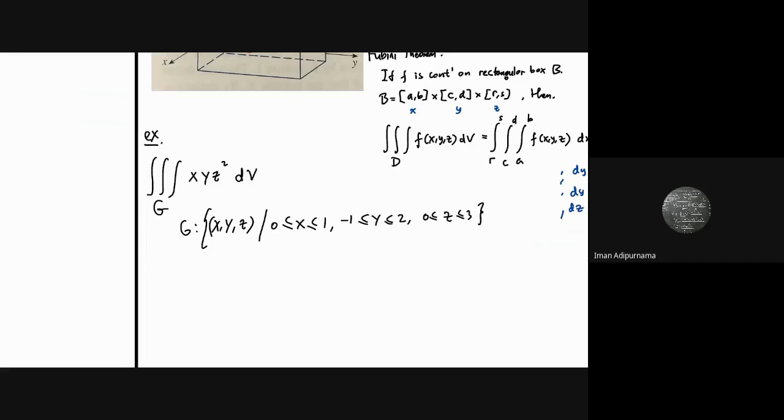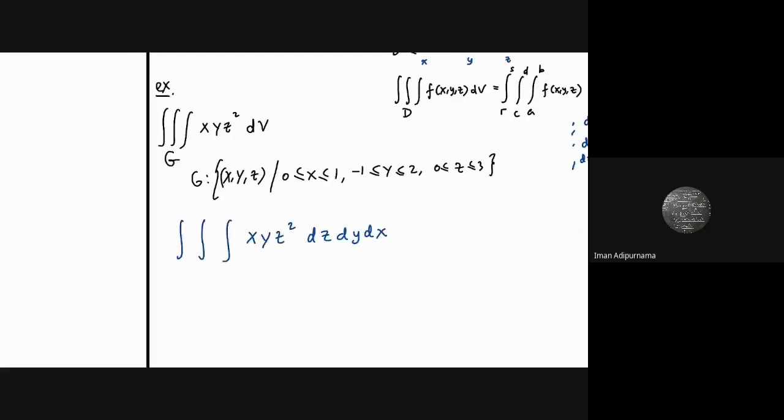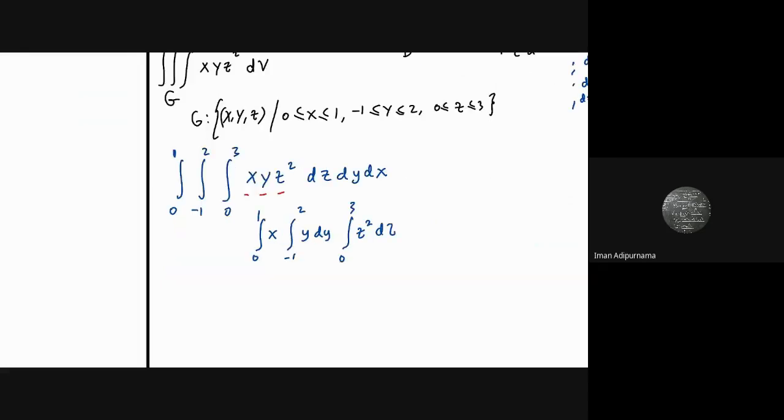And because you can see that the function itself, you can separate X, Y, and Z squared, right? We can also write it here, and you can solve this.